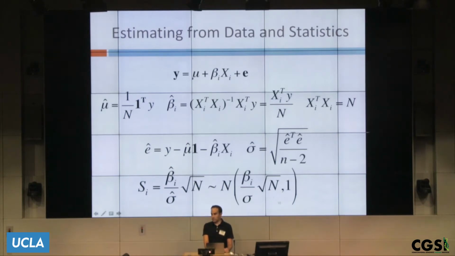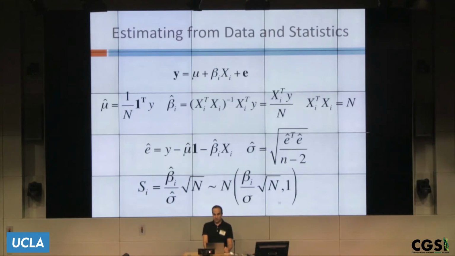So what is this distribution? It's a normal distribution. Sorry, its variance is 1, and then this is its mean. Beta is the true effect, and beta hat is what you're estimating. What happens if the true effect is 0? This is going to become a standard normal, right?